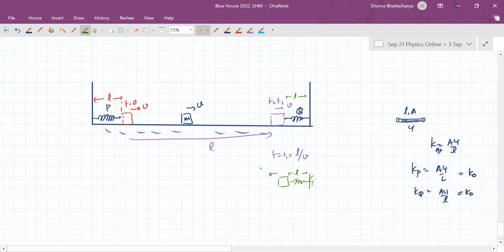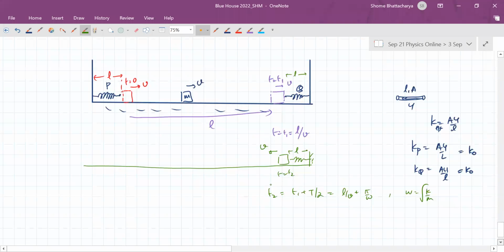So now it will have a velocity v in this direction. So if the time here is t2, t2 will be t1 plus half the time period of that one. Yes, sir, I understand. So pi by omega, where omega is square root of k by m.